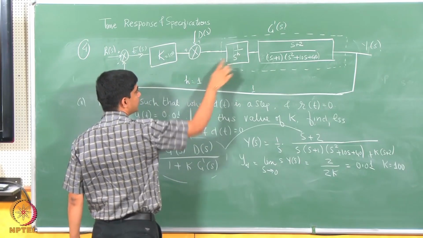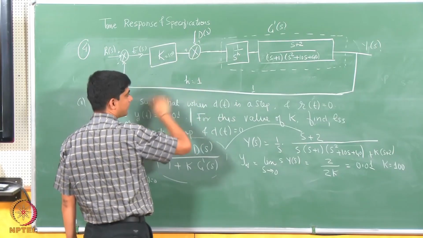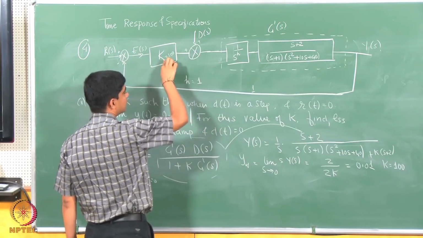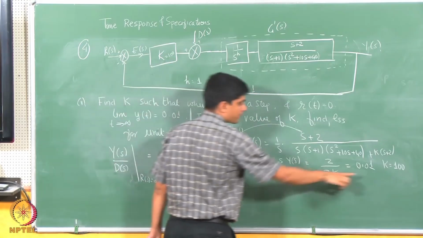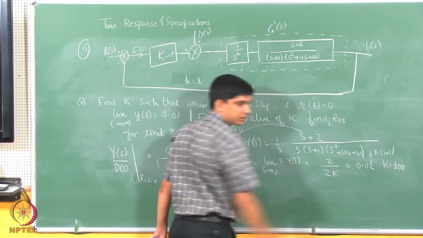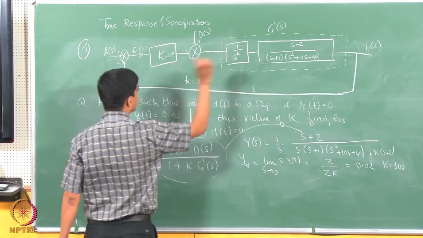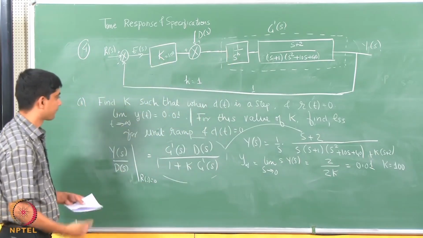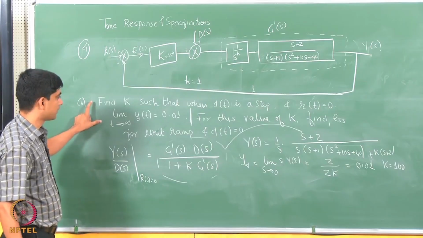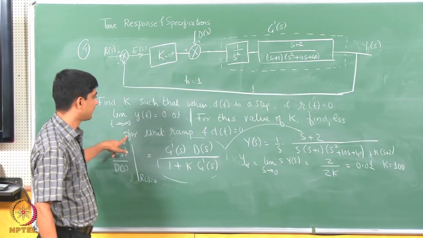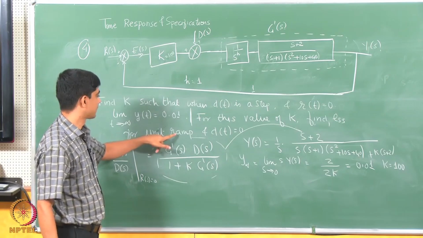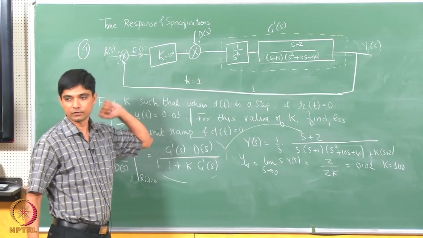We keep the value of h from the previous part and then compute the value of the gain k such that the output is 0.01, and that k was computed to be 100. So, I know what h is now, and I also know what k is. For these two values of h and k, I want to find the steady state error for a unit ramp, assuming d(t) equal to 0.